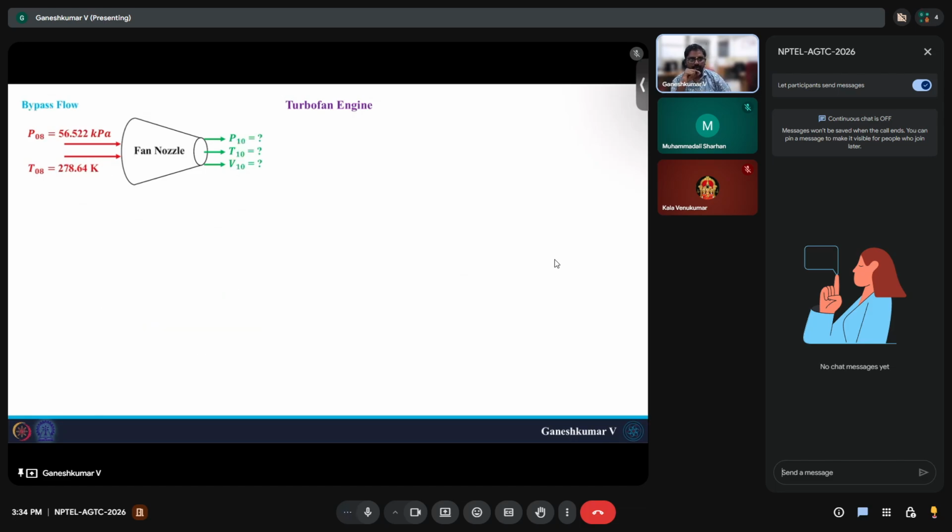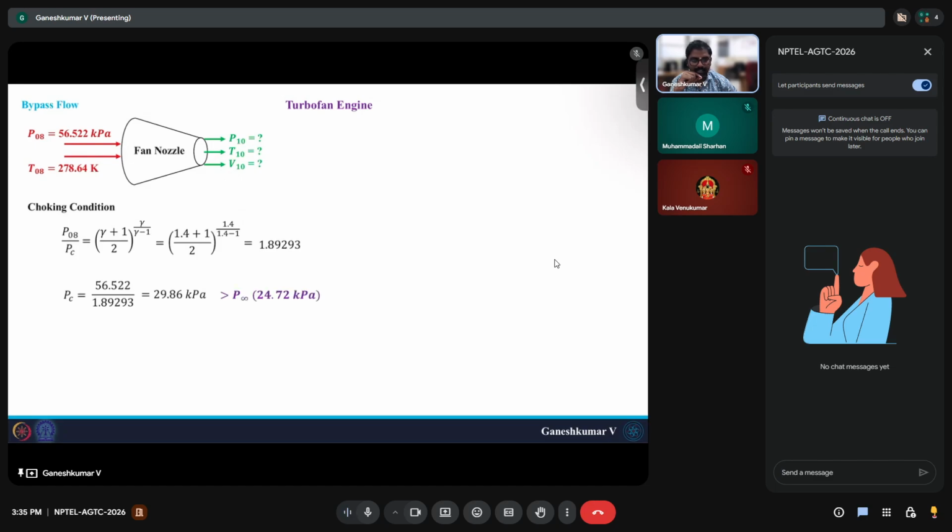Now, one remaining thing is the bypass flow. The air which got compressed in the fan enters the nozzle at P08 and T08, which is 56.522 kilopascal and 278.64 Kelvin. Now this expands in the fan nozzle. So let's try to find out the critical pressure ratio. The critical pressure is around 29.86 kilopascal, which is again slightly higher than 24.72 kilopascal.